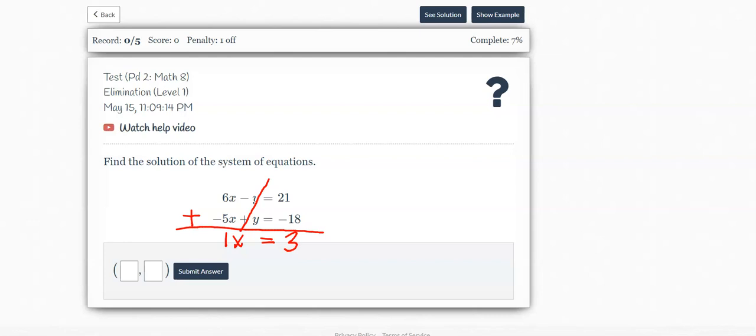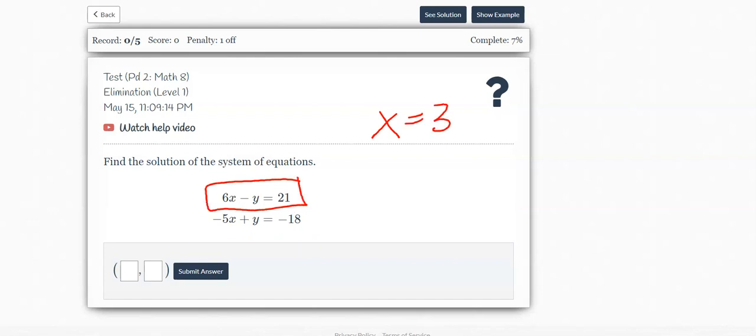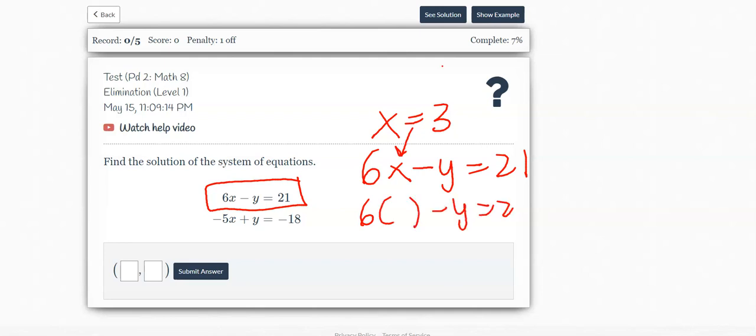So in order to do that, I'm going to take this value of x. I just found that x is equal to 3. And so I'm going to use my first sentence. It doesn't matter which one you use. But what I need to do is erase and replace this value of x. So I'm going to erase the x and replace it with 3. So 18 minus y equals 21.